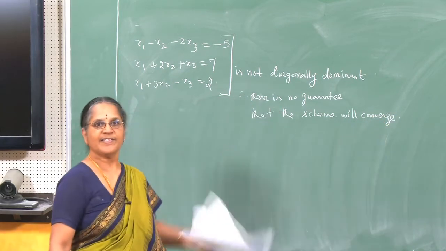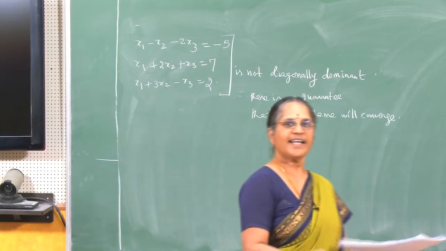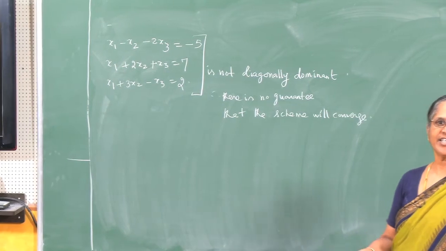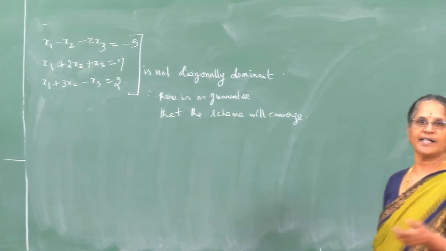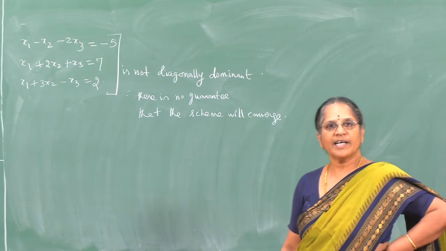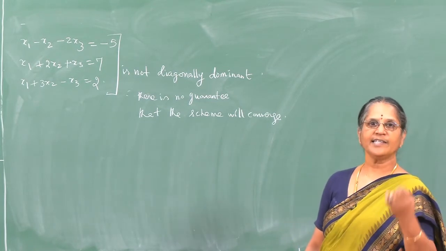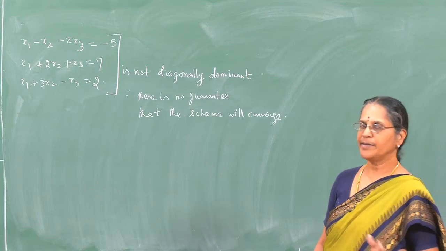The theorem that we stated said, if A is a diagonally dominant matrix, then the sequence of iterates generated by Gauss-Seidel method and Gauss-Jacobi method will converge to the solution of the system Ax is equal to b for any starting initial vector.